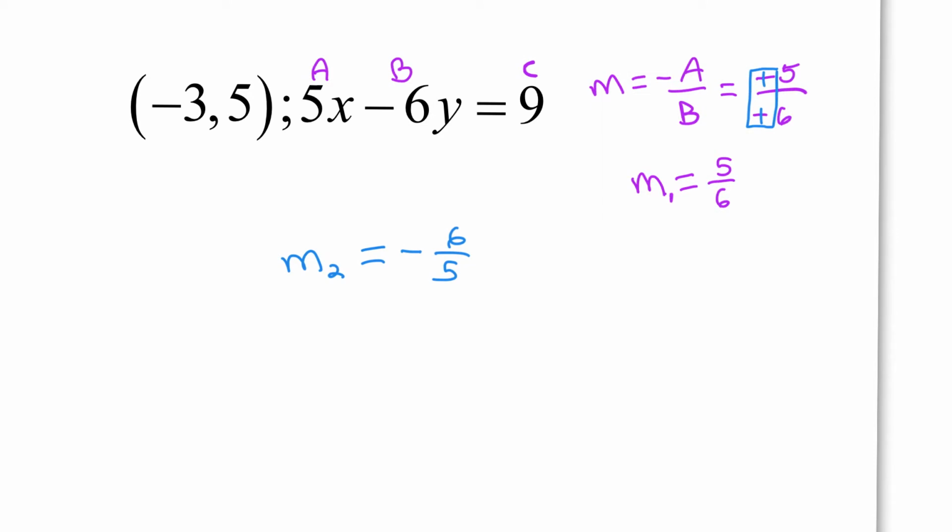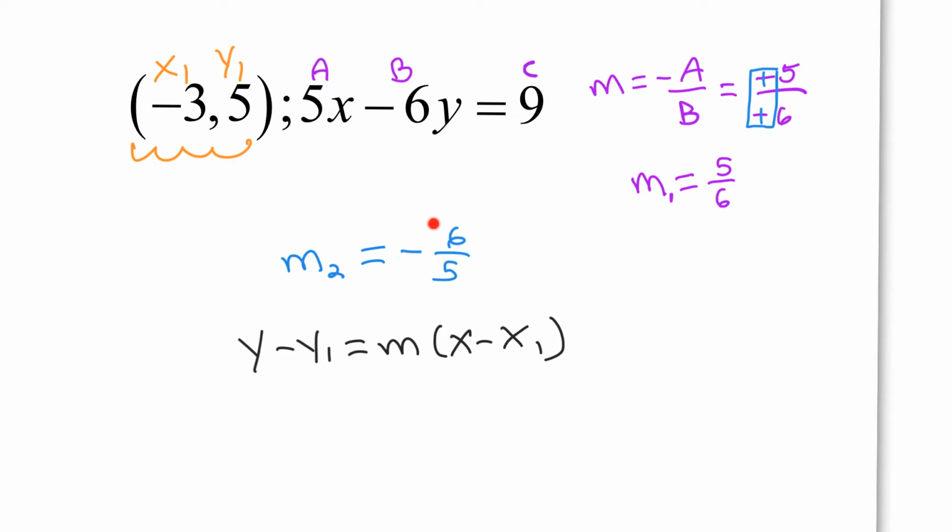So what is the formula? What is the standard, not the standard, what is the point slope form? We have y minus y1 equals m times x minus x(1). Remember the points. This one here, this is your x(1), your y(1). When you substitute, you change the sign. And you are going to substitute the slope that we need.